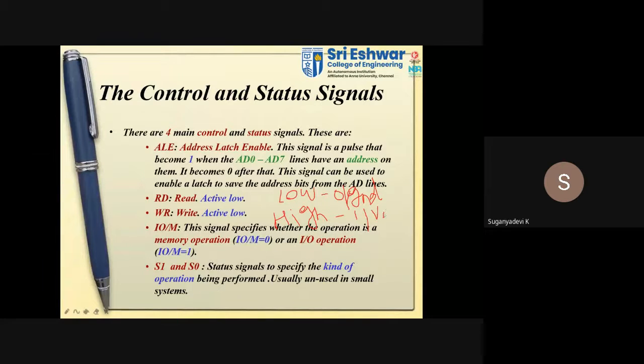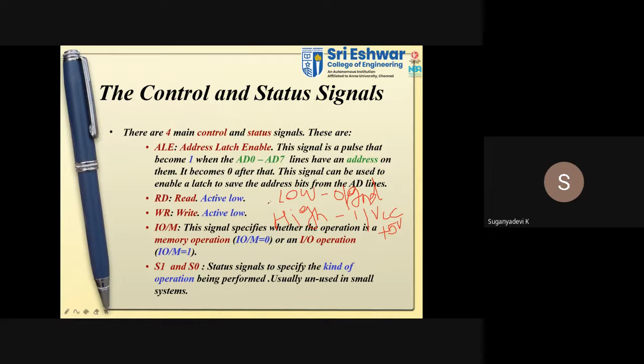What is VCC? Supply voltage. This is 5 volts. The operating power supply of 8085 is 5 volts. So when you give plus 5 volts, that acts as a high signal. If you go with 0 or grounded, that acts as a low signal.